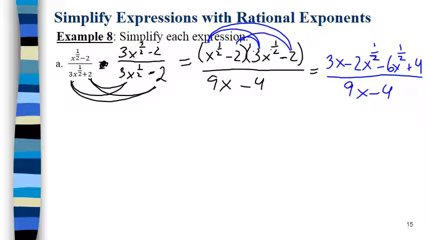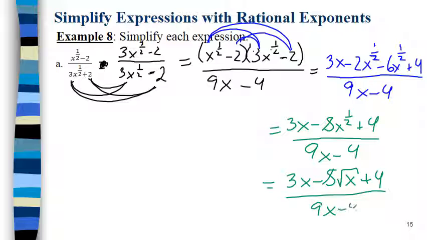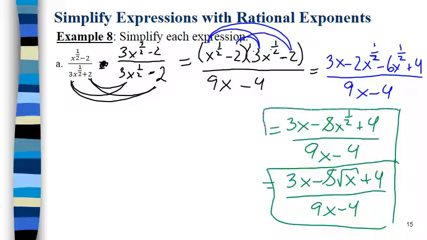And now we can combine like terms. So now we have 3x minus 8x to the 1/2 plus 4 over 9x minus 4, which you could also write as 3x minus 8 square root of x plus 4 over 9x minus 4. Either of these answers is perfectly correct.